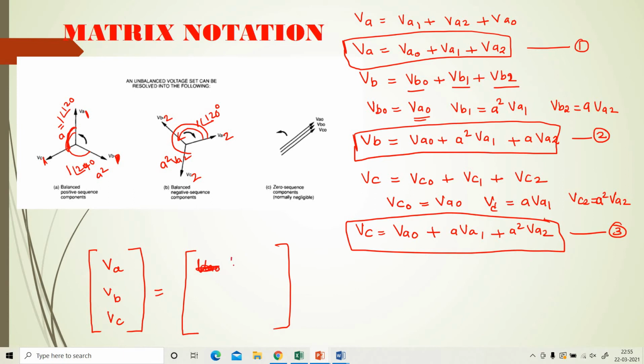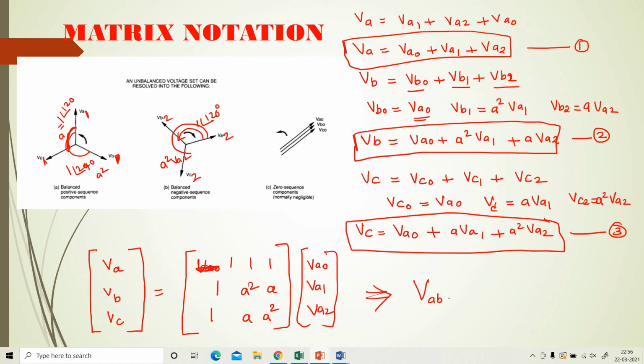So I have to write like this: 1, 1, 1; 1, a square, a; 1, a, a square. Here VA0, VA1, VA2.